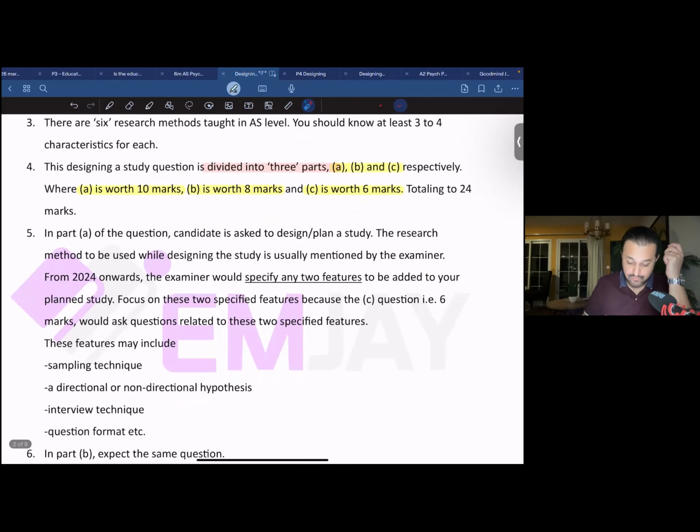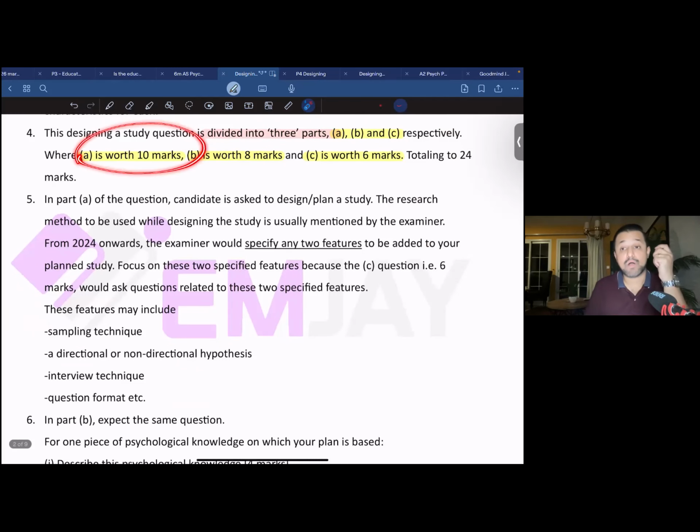To begin with, the first question, the 10-mark question here. In part A of the question, the candidate is asked to design or plan a study. The research method to be used while designing the study is usually mentioned, not necessarily. This is usually mentioned by the examiner.